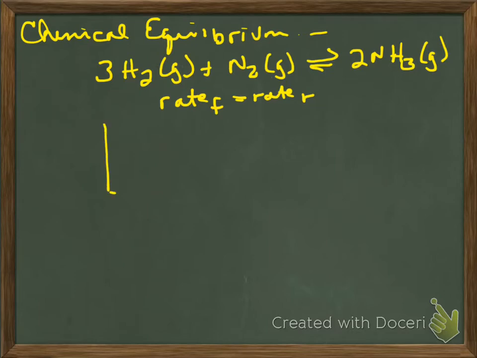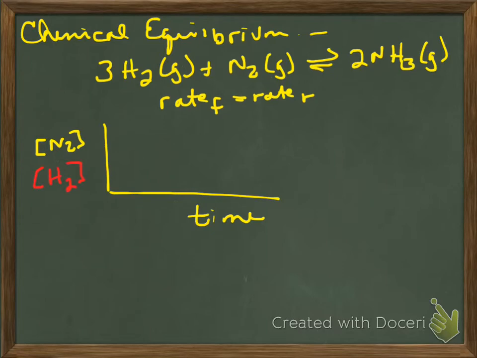If I were to look at an equilibrium over time and look at the concentration of nitrogen, the concentration of, say, hydrogen, and in purple, the concentration of NH3, what I will see is, say, nitrogen starts off up here and it reacts, and then hydrogen, because it's 3 to 1 for hydrogen, say it starts here, it's going to have 3 times the curve.